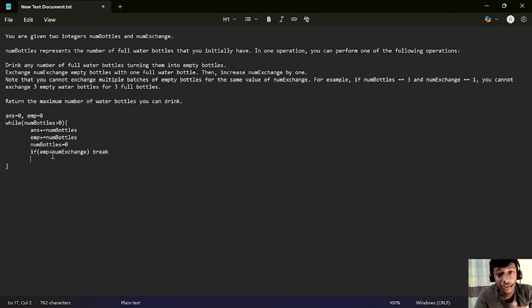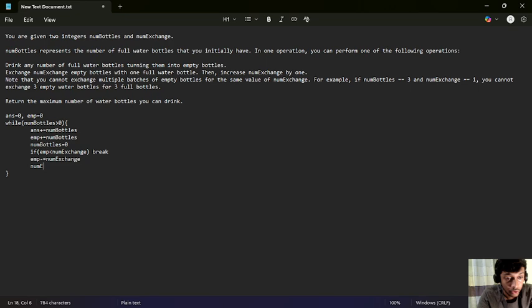So the next step is empty minus equals num exchange. The num exchange number of empty water bottles are exchanged. What's the next step? As mentioned in the question, we have to increase num exchange by 1.